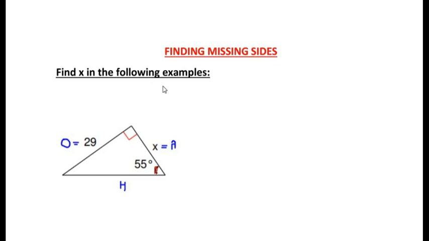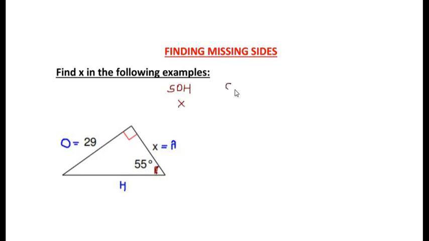So let us see if we can use the SO. If we are using the SO, that is the sine, we need the opposite, we have the opposite, and we need the hypotenuse. But here there is no point finding out the hypotenuse because they are asking us to find the adjacent. So this can be rejected.